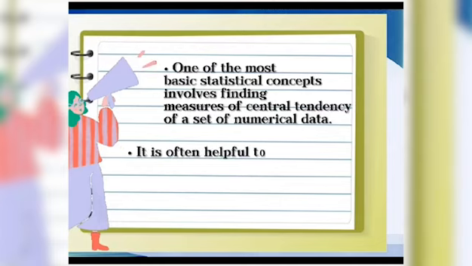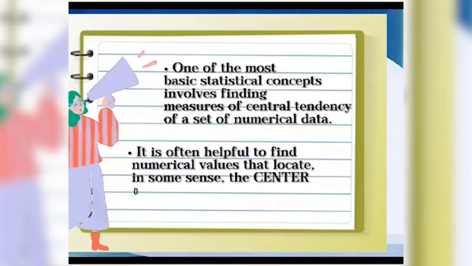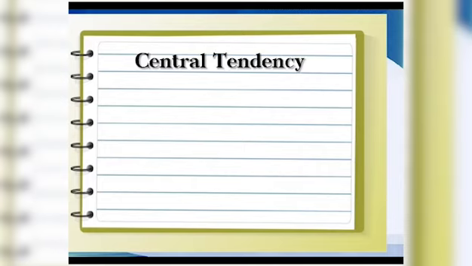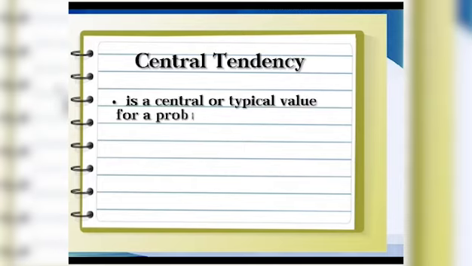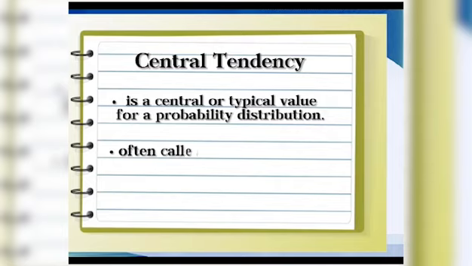It is often helpful to find numerical values that locate, in some sense, the center of the set of data. To put it in simple words, central tendency is a central or typical value for a probability distribution. Colloquially, it is often called averages.